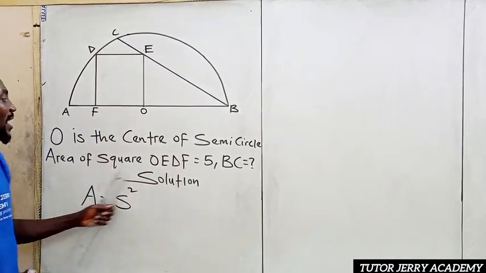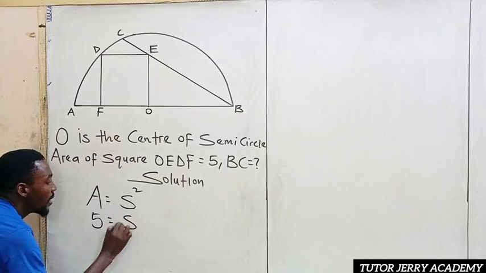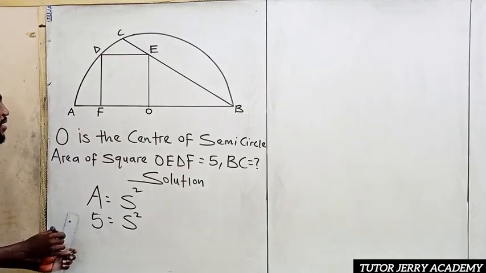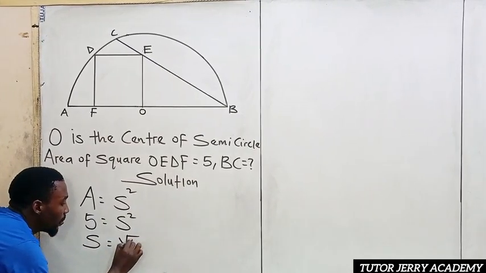And then we are given the area to be 5, so 5 equals S squared. To get the value of S, I'll take the square root of both sides. So S is equal to root 5.